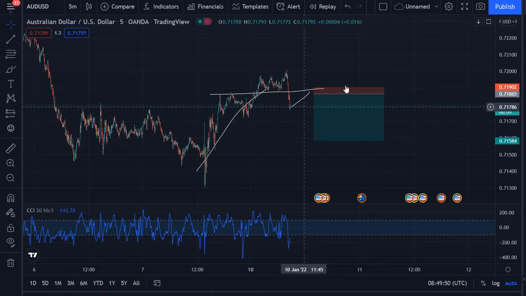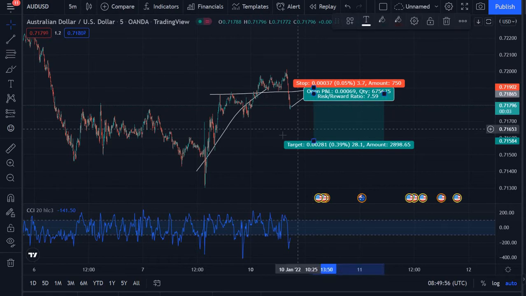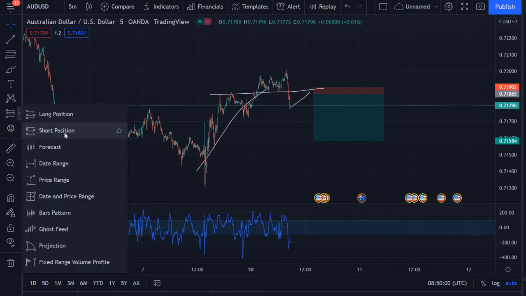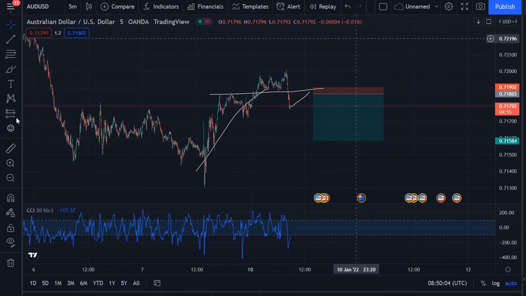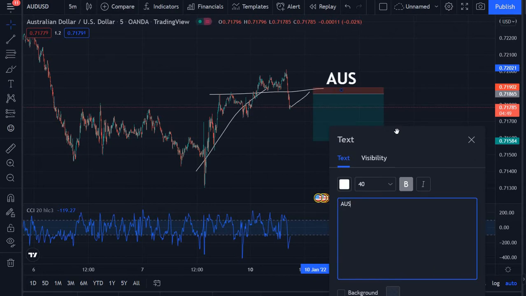Again it depends on your entry and exit as well, but also a big risk reward ratio. This would be the short term trade, and the other one would be the longer term trade. So this would be the outlook for the Australian USD.